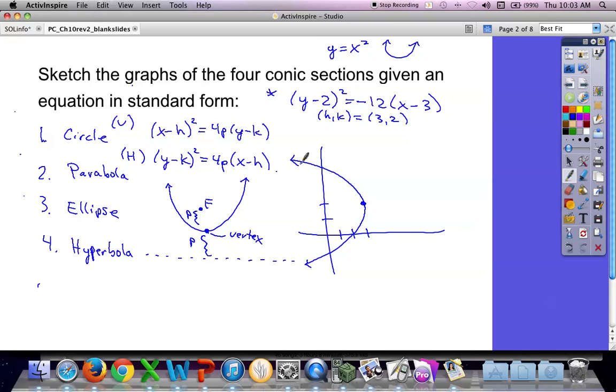How do I tell the P looking at this equation? Right, this right here, negative 12, that's the 4P. So if 4P equals negative 12, P equals negative 3. So that's telling you go from the vertex, 3 to one side is the focus, 3 to the other side is the directrix.